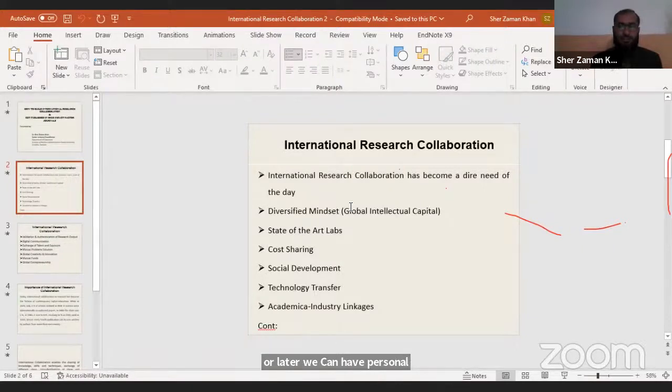Similarly, by having an international research collaboration, we can transfer technology from one country to another. For example, I have different research software, such as SPSS, AMOS, Smart PLS, and so on, and my colleagues will have other things.